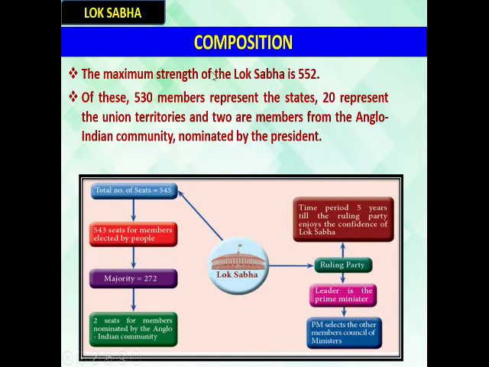So overall in this 552, they are divided in this method: 530 members represent the states, 20 represent the union territories, and 2 are members from the Anglo-Indian community. Okay, so the 16th session of the Lok Sabha had 545 members.